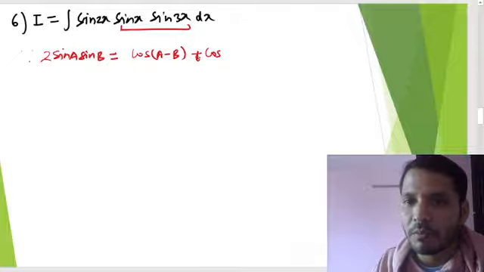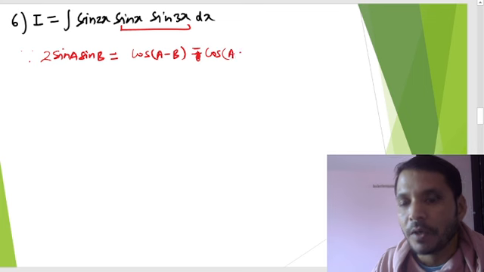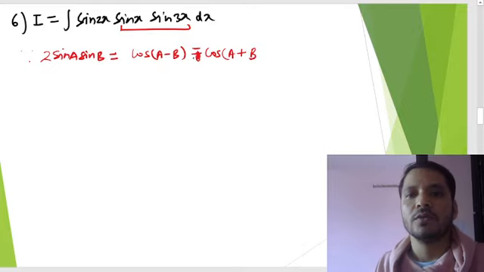This should actually be the minus sign, minus cos a plus b. So the formula is 2 sine a sine b equals cos a minus b minus cos a plus b.